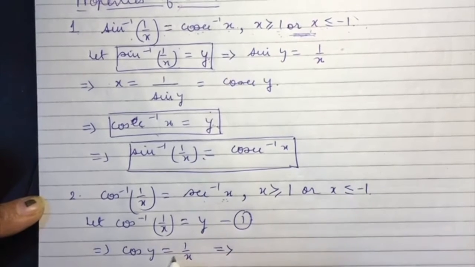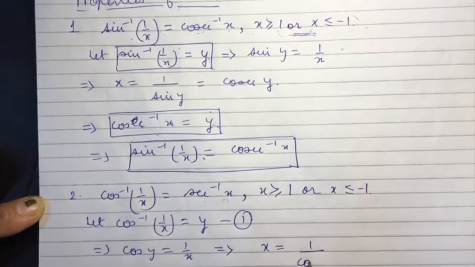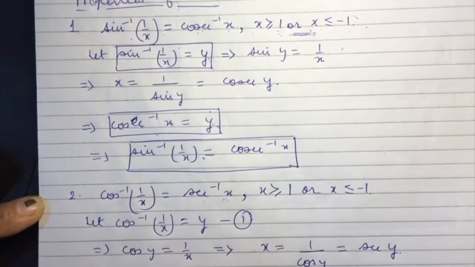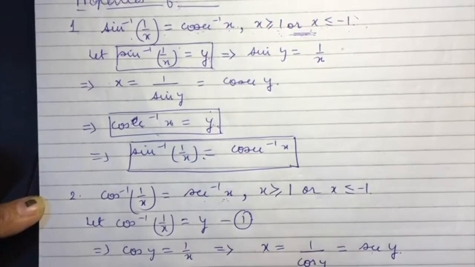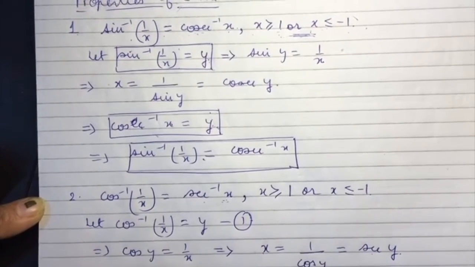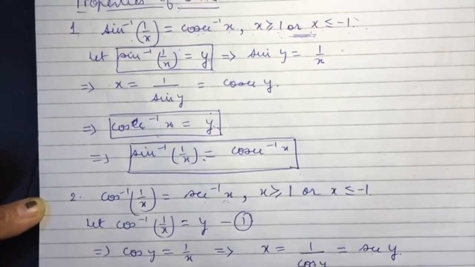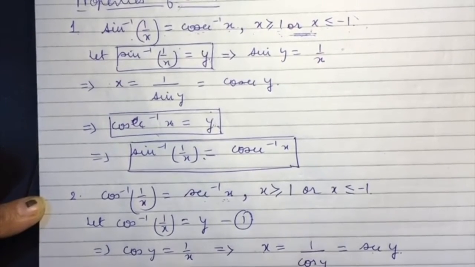This implies that x is equal to 1 upon cos y, which is sec y. Taking this sec to this side, we get sec inverse x is equal to y, which is 2. From 1 and 2, we get cos inverse 1 upon x is equal to sec inverse x.